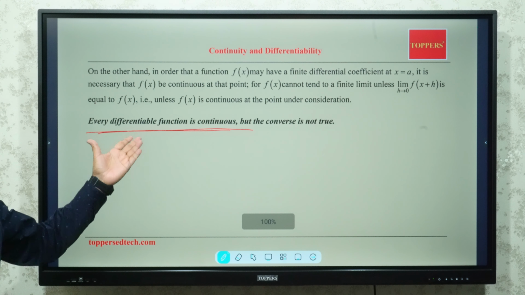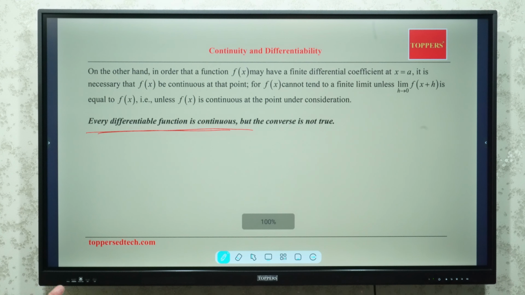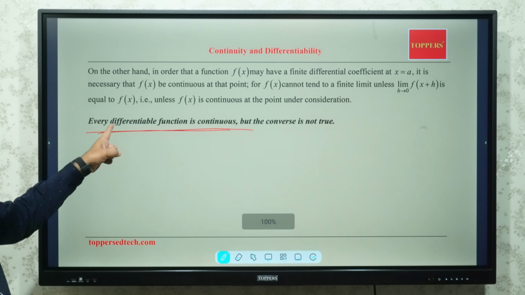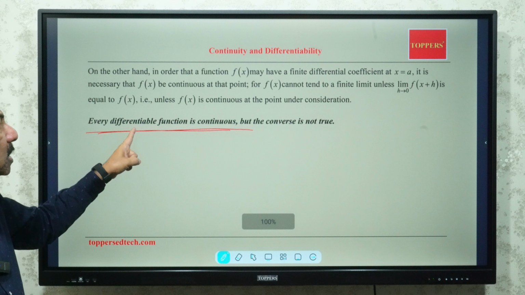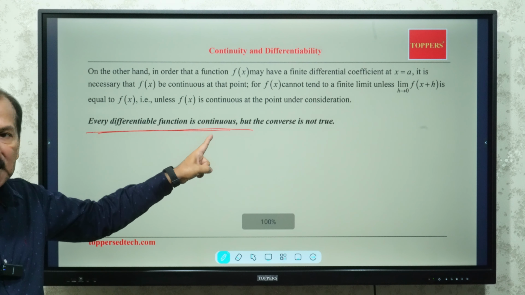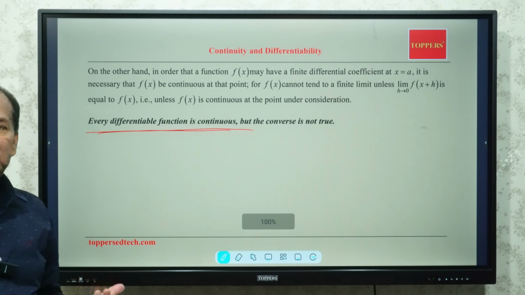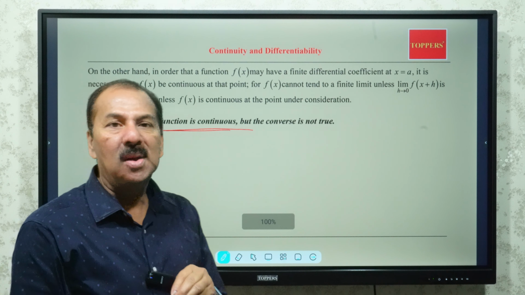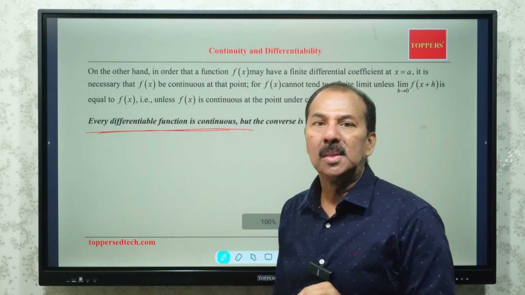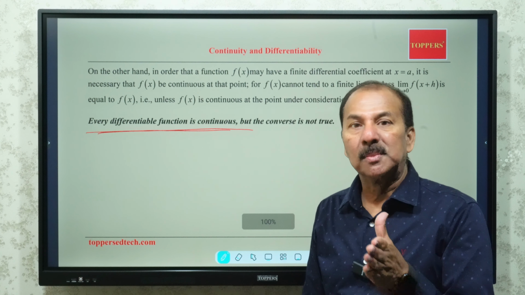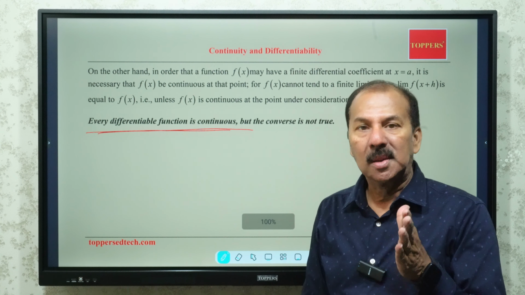So I hope these two examples give us a clear picture that every differentiable function is a continuous function, but continuous functions are not necessarily differentiable functions. The condition for differentiability is that the function must be continuous. That is the first condition.